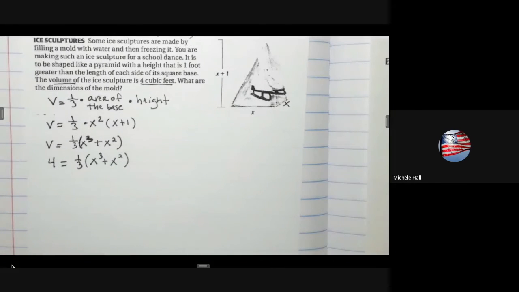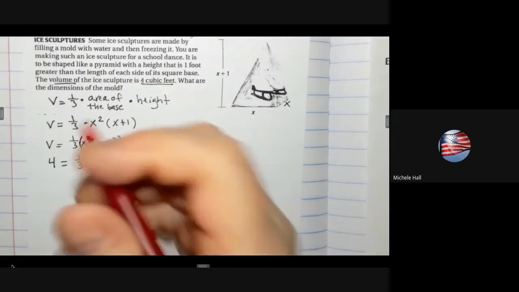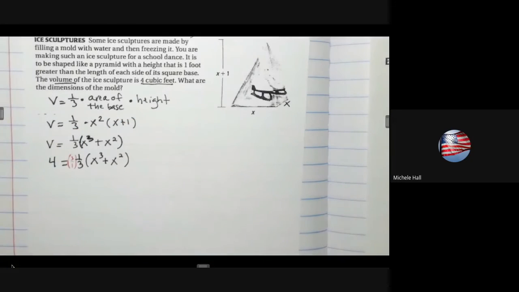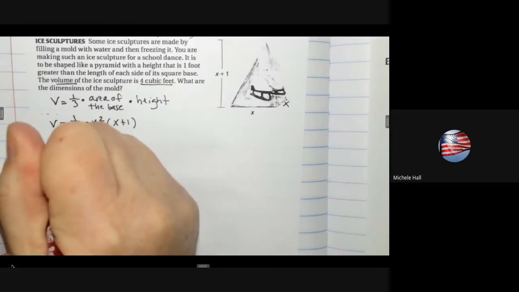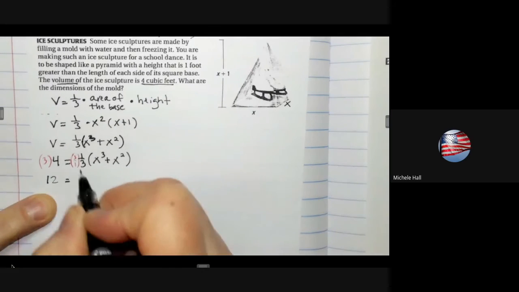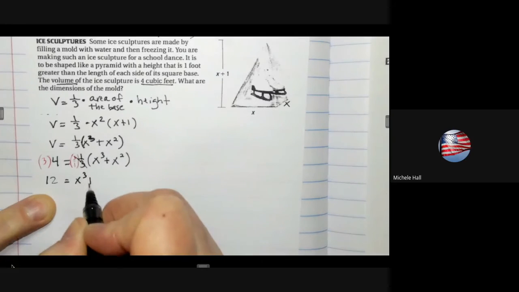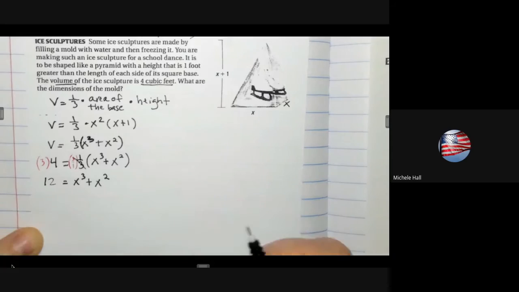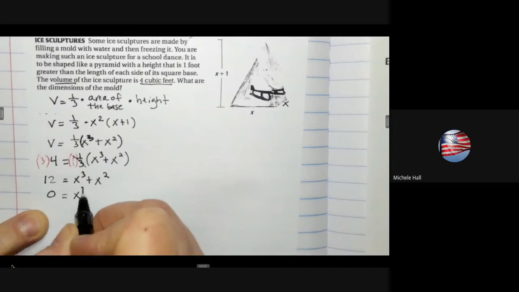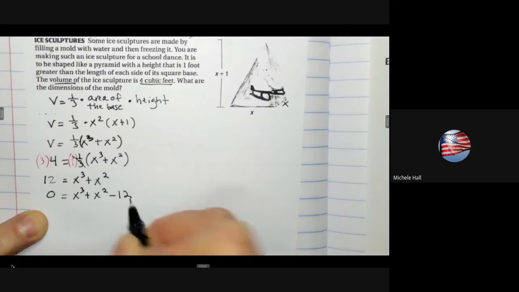All right, I'm looking for a polynomial. I'm going to use the reciprocal here, multiply by 3. We get that 12 equals x cubed plus x squared. And finally, we have a polynomial, x cubed plus x squared minus 12.